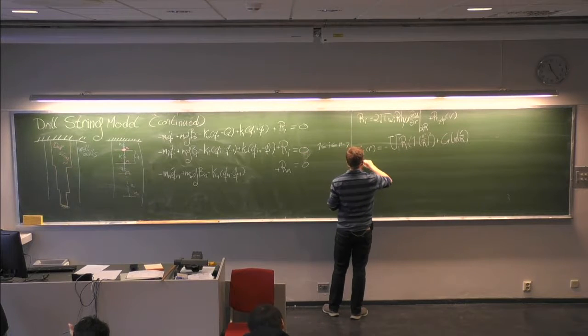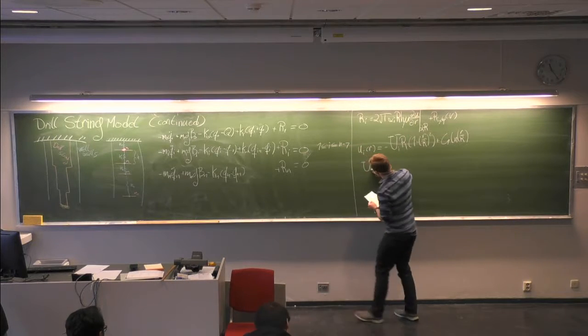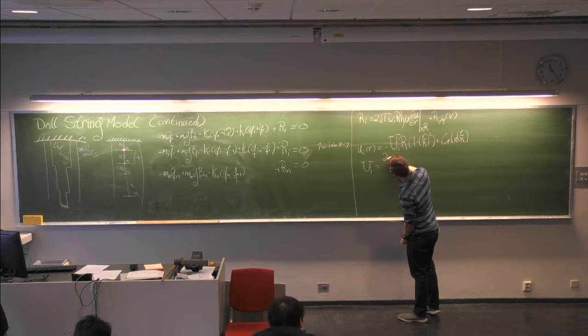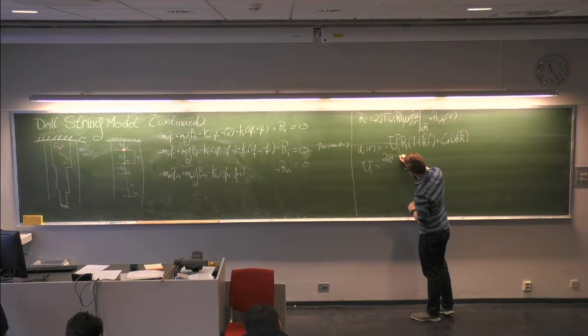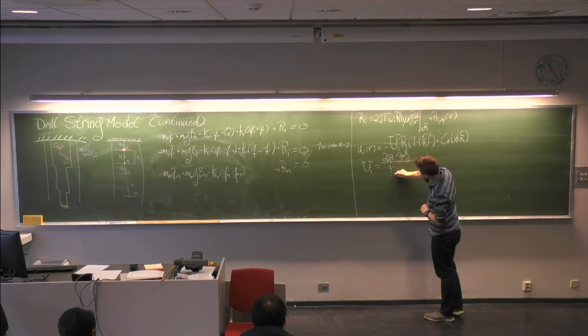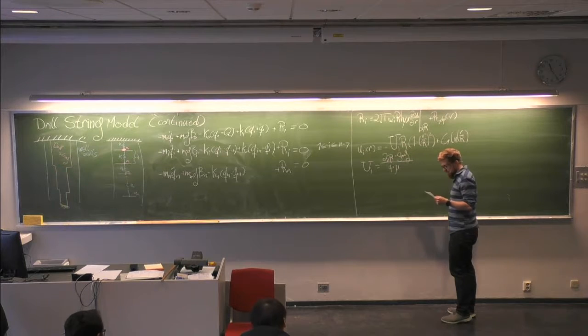Big U_i is the pressure gradient minus the density of the mud times gravity, over 4 times the friction force.